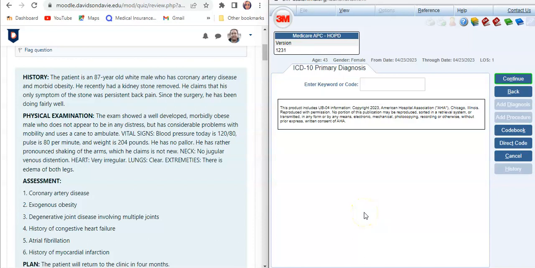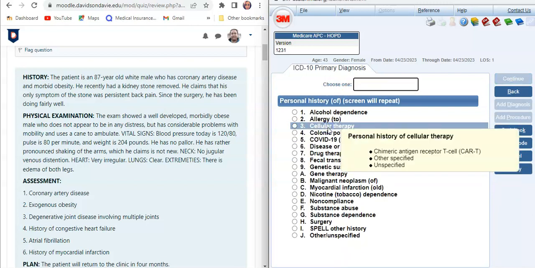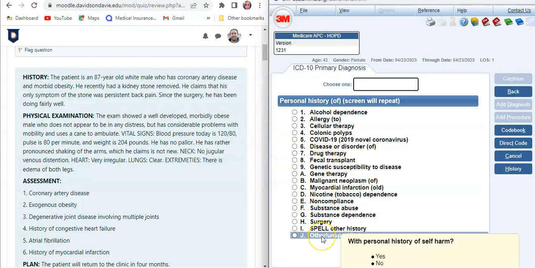Okay, the next one is history of congestive heart failure. So we are going to put history. Thinking we should be able to do that. I mean, even if I'm wrong, I'm just going to take the long way. Personal history. Yeah, nothing.